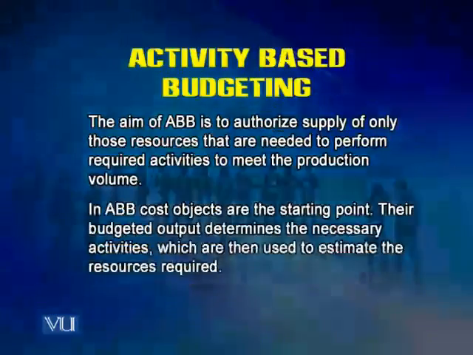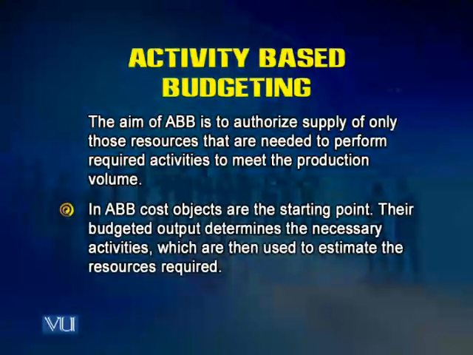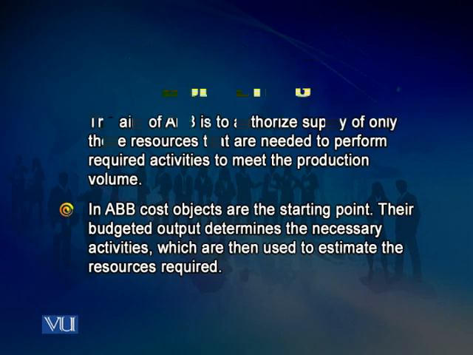So once we know what is required from production, then we can try to measure the resources that will be required to meet that production volume. In ABB, cost objects are the starting point. Their budgeted output determines the necessary activities, which are then used to estimate the resources required. So now in ABB, the starting point is what we have called the cost object.